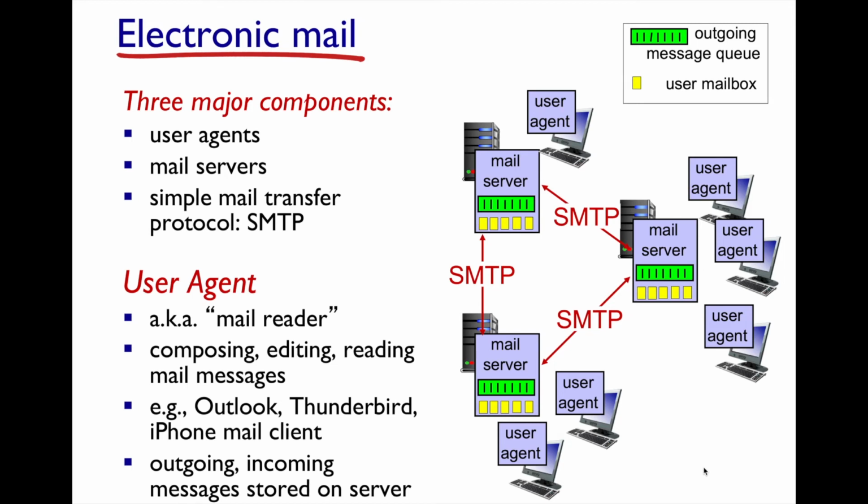You also, in addition to the user agent, have your mail server. And that mail server consists of two components. One is the so-called outgoing message queue. Now, in the outgoing message queue, that's where any message that's sent lands. So you compose an email and you hit send. It's not sent immediately.